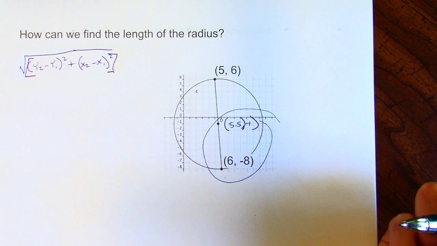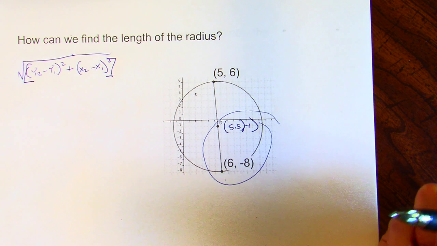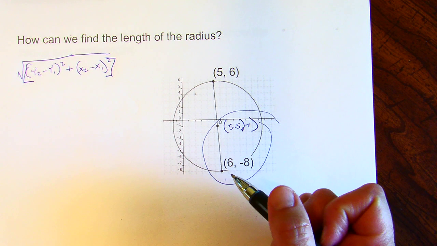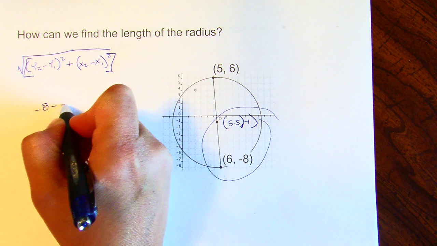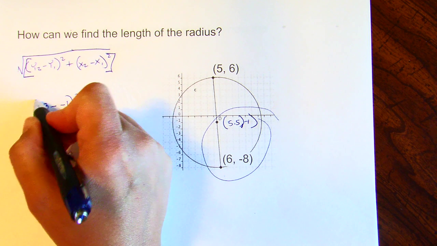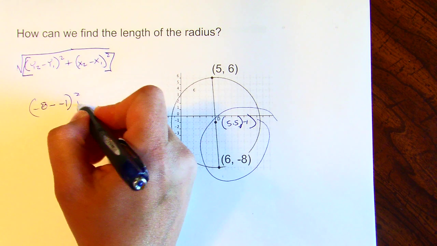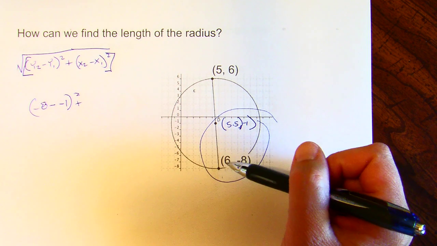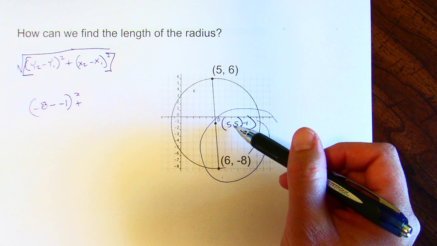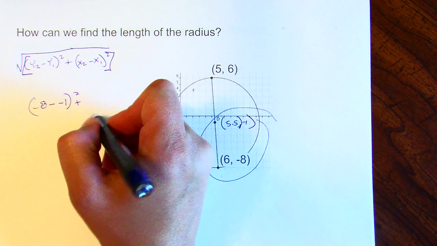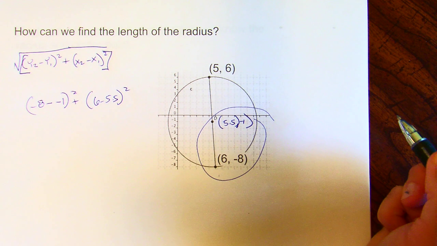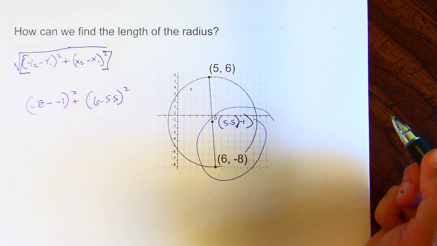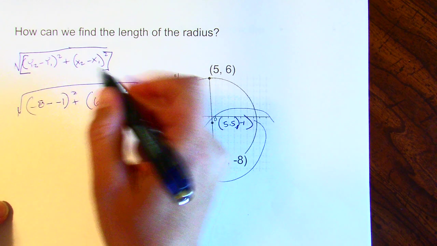The hardest part of this is making sure you put them in the right spot. My y2 minus y1, we've got our -8 minus -1, and it's squared. Then we have our x2 and our x1, so 6 minus 5.5, and it's again squared. You just have to make sure you're following your order of operations.